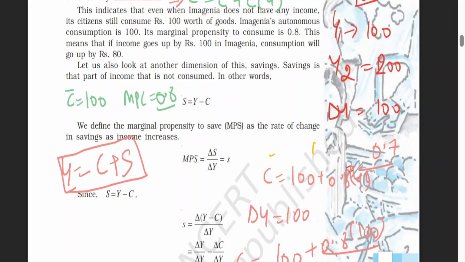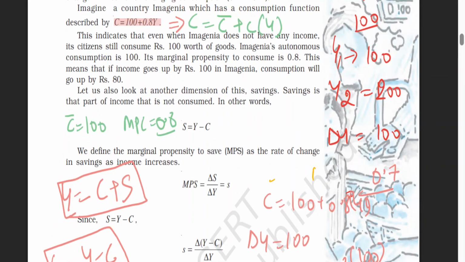That 3,000 will be saved. So the use of income for a household sector is only two things, that is consumption and savings. So if you have to find savings, that will be y minus c. Whatever you have in the income part, whatever you have consumed, you subtract it and you get the saving part.